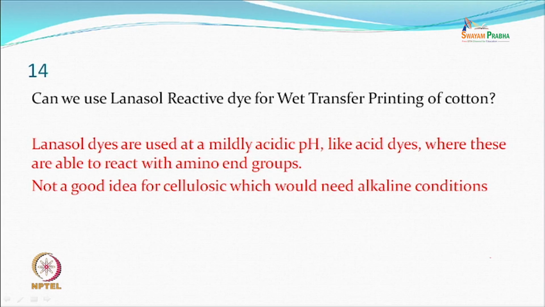So, theoretically it can happen, but it is an alkaline condition. The chances of dye remaining reactive are going to be less, efficiency is going to be less. So, we have other reactive dyes which can be used, because cotton would require alkaline conditions to make it Cell-O minus type of a situation.